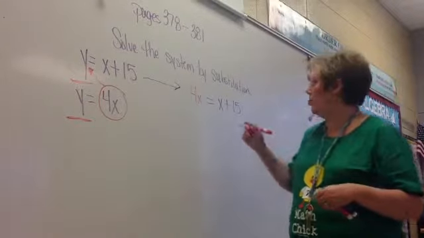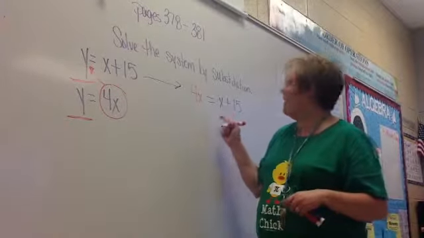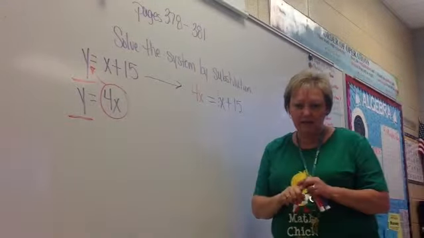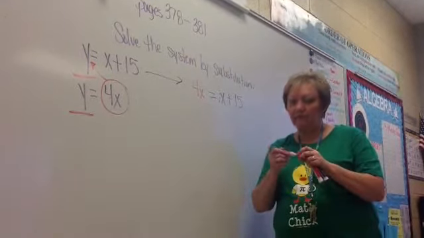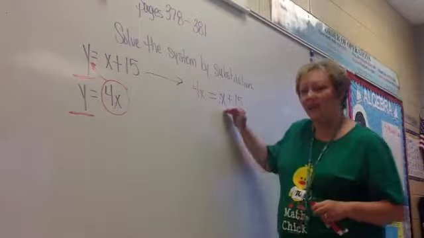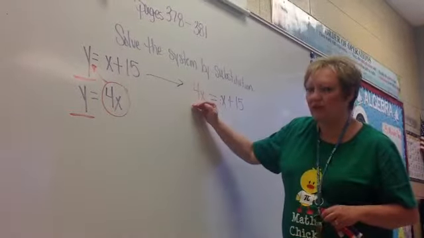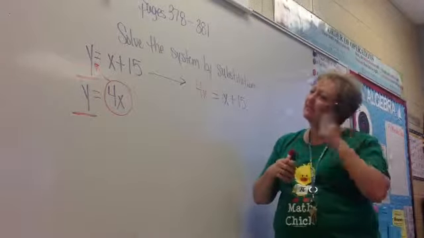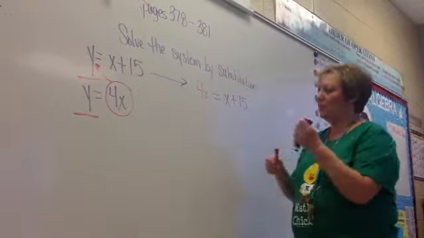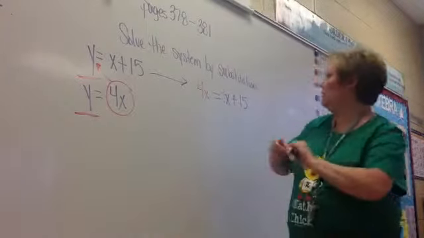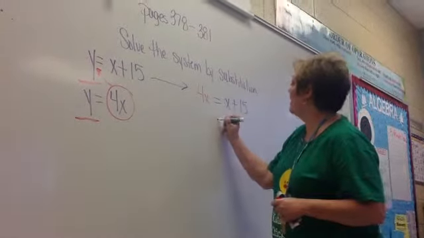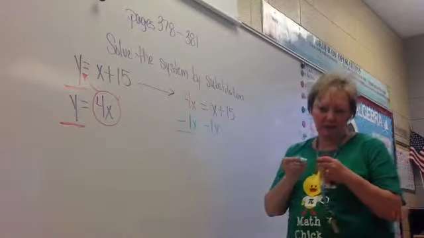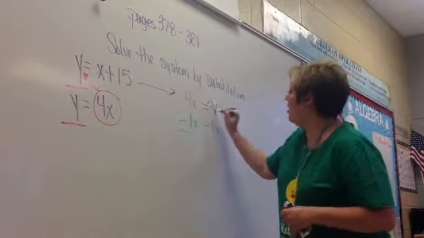Isolate the variable. Even though I don't see it, there is an imaginary 1 in front of that x. I want you to think for just a minute. How do I get this x to go over to this side of the equation? You remember how to do this? Hope you do. Because what we're going to do is subtract this 1x from both sides of the equation. Now it's gone over here.